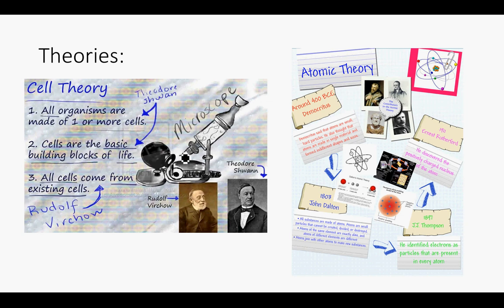And here are some of the proponents of the cell theory: the idea that all organisms are made of one or more cells, that cells are the basic building blocks of life, and that all cells come from pre-existing cells. And theories evolve over time as they usually include the laws that came about through scientific experimentation. And then as new research comes out and better technology, these theories are improved upon and evolve.